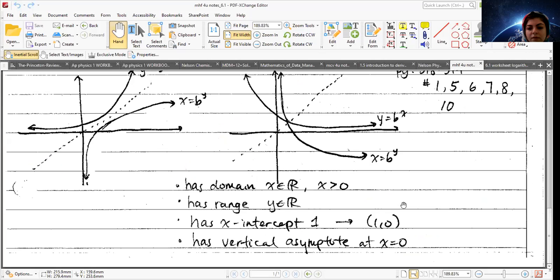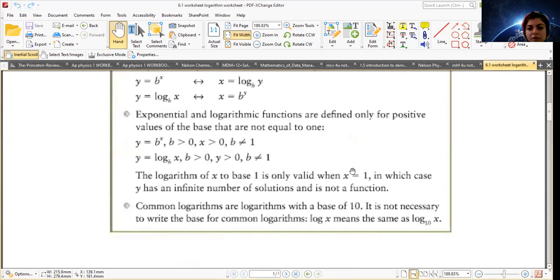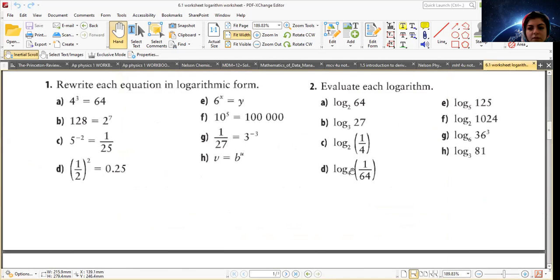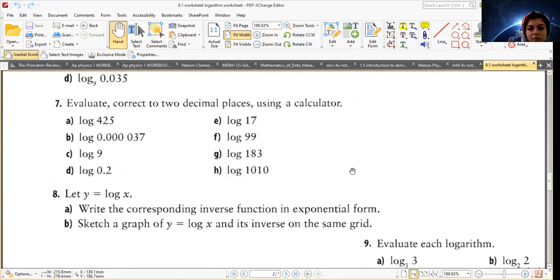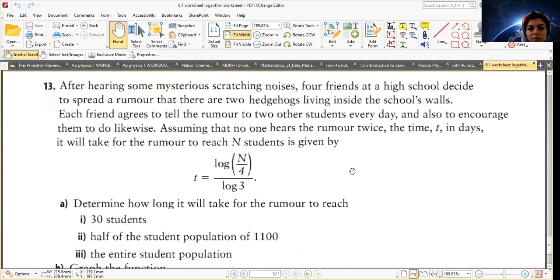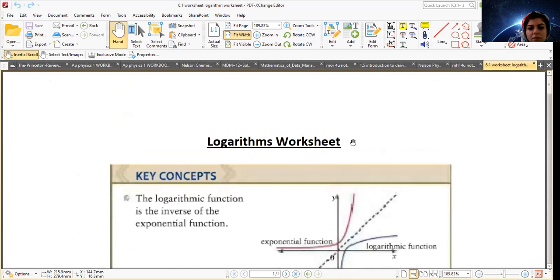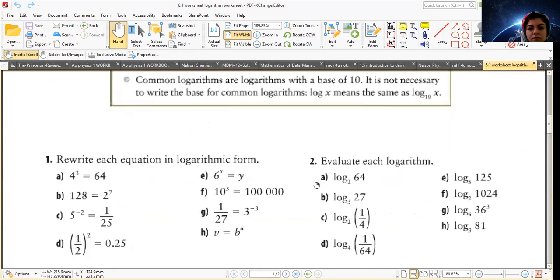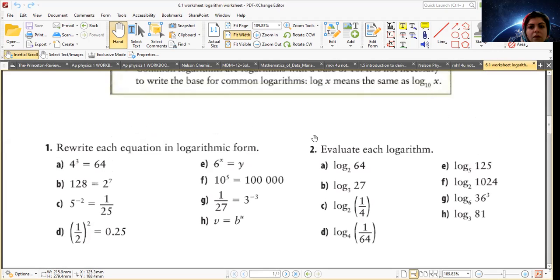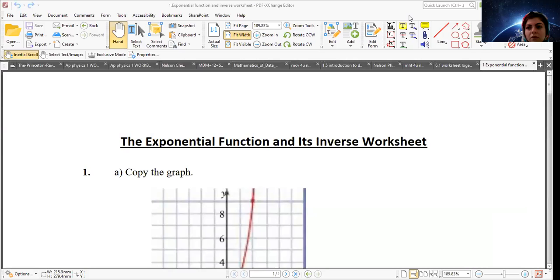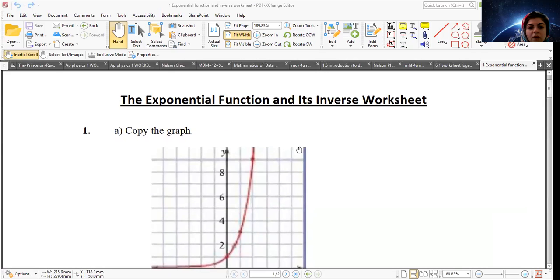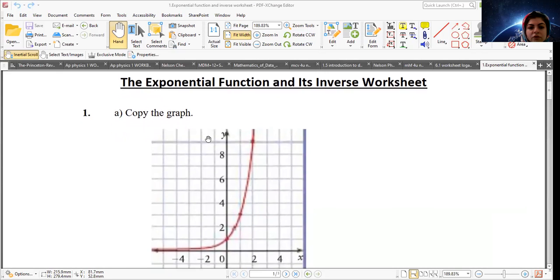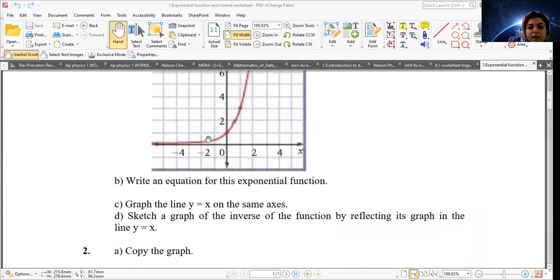Basically, we did cover this. And I want you to do these questions for me. Okay, so this is an exponential function. This is the graph that you have. Just read that.